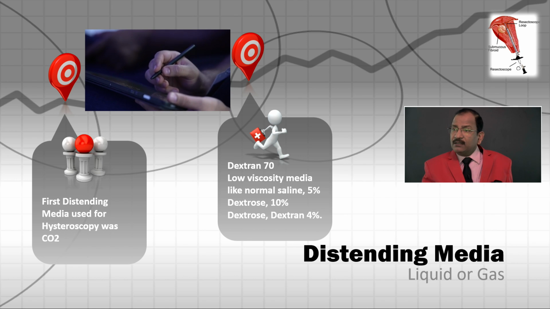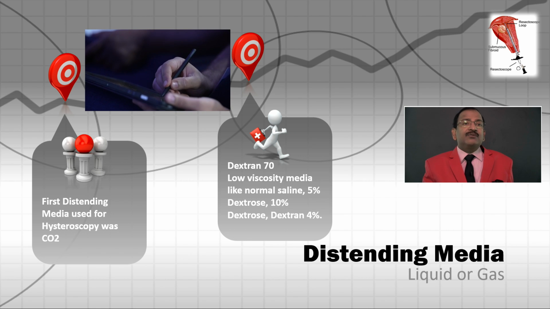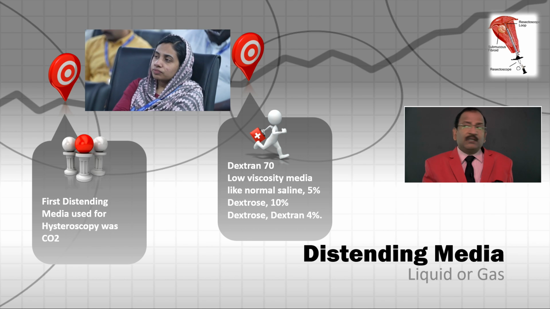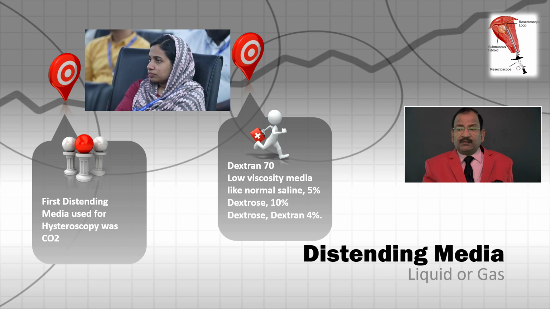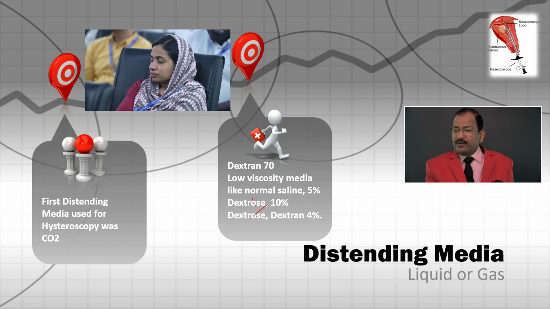Nothing, because we do not have a laparoscope; we are doing hysteroscopy alone. Then that dextrose will act as a culture medium for bacteria to grow, and it can exacerbate the PID. So this is also not very good.